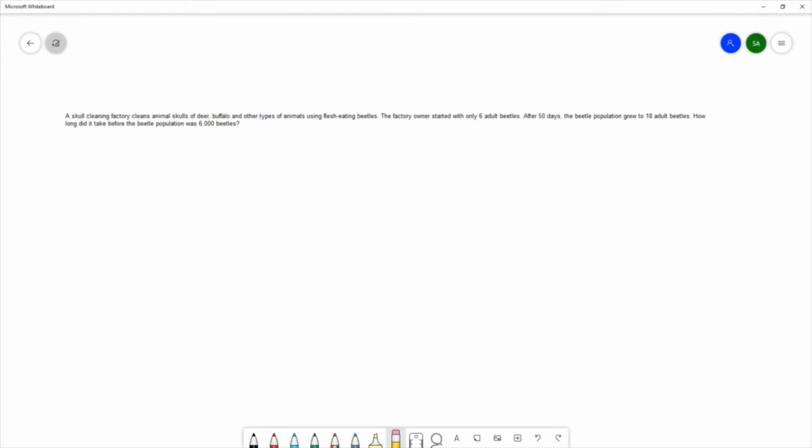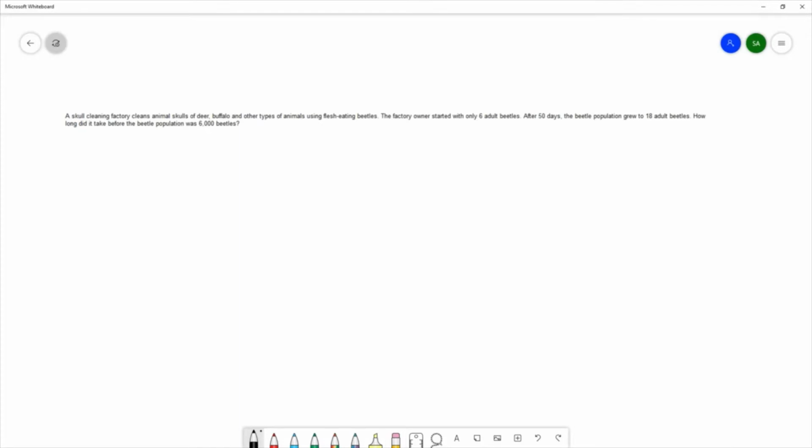So we're going to assume that this model is an exponential model. And using this information right here, that we started with 6 beetles, and after 50 days, that beetle population grew to 18 beetles, we're going to be able to find the growth rate.